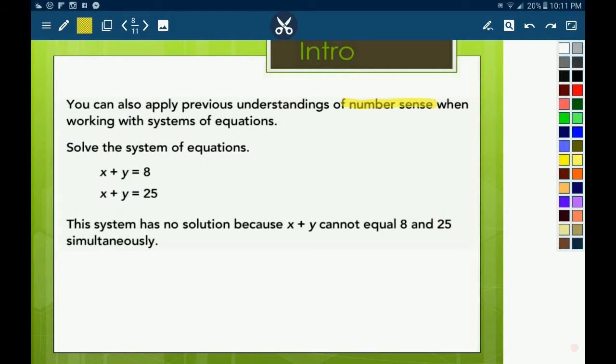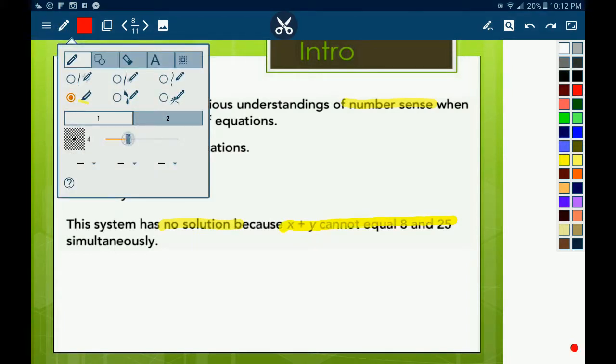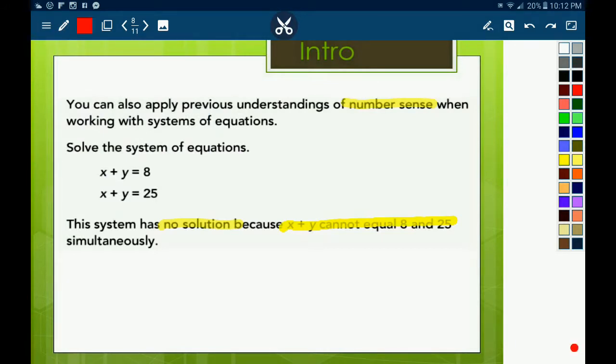So notice in this system, it says this system has no solution because x + y cannot equal 8 and 25 simultaneously. Let me give you an actual example of this because I know sometimes it can be hard to imagine abstract concepts like this. So let's say x was actually equal to 3 and y was equal to 5.